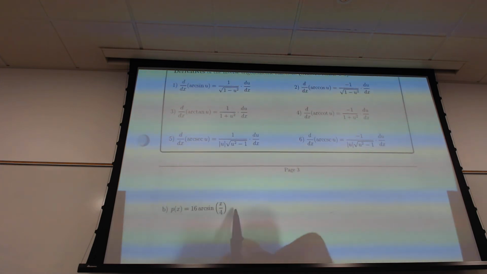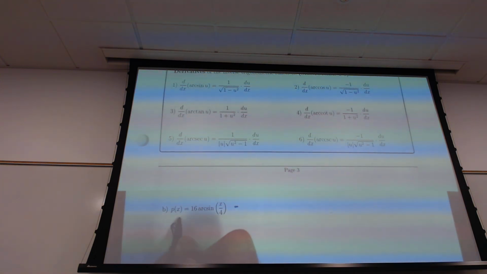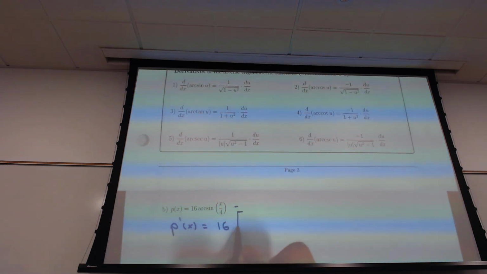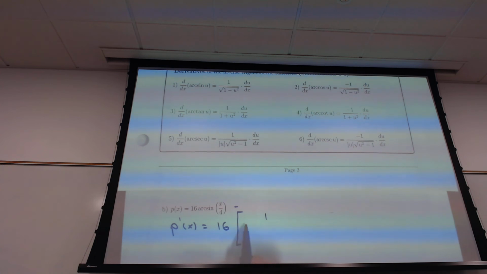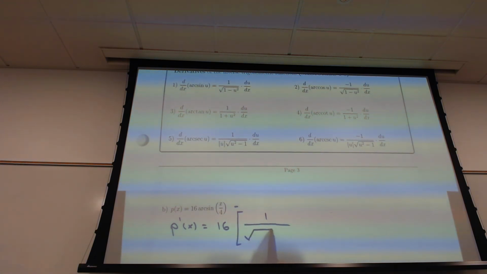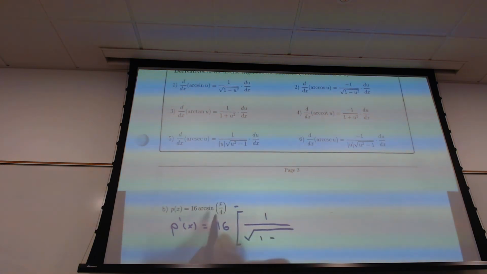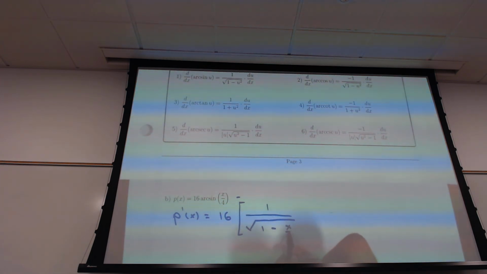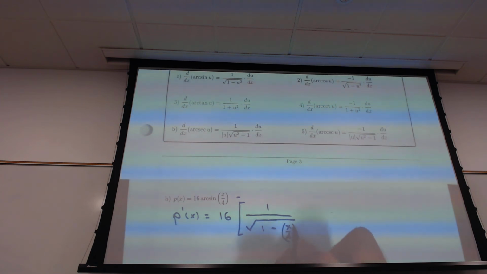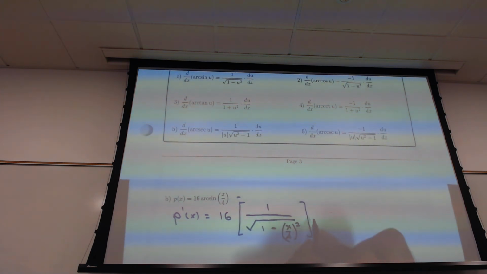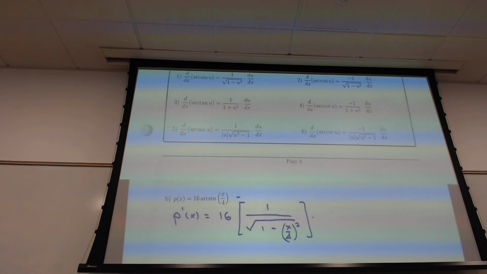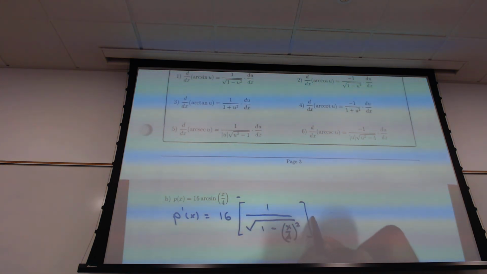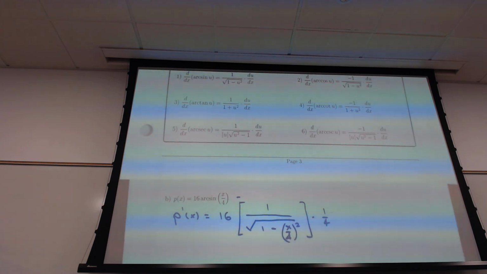So that's number 1. So p prime of x equals number 1: 16 times 1 over the square root of 1 minus the u quantity, which in this case is x over 4, quantity squared, times the derivative of x over 4. What's the derivative of x over 4? 1 over 4.